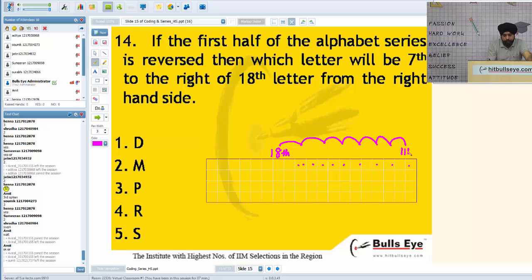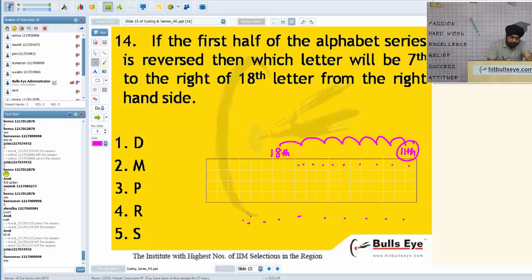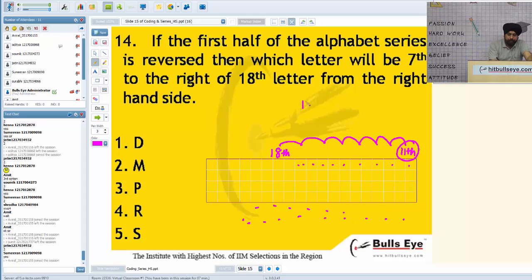From the right you will reach at a letter which will be appearing at the 11th position. Is that okay with all of you? It is just you count that way to 18 and then you move backwards by 7. Right? Now 11th from the right hand side.